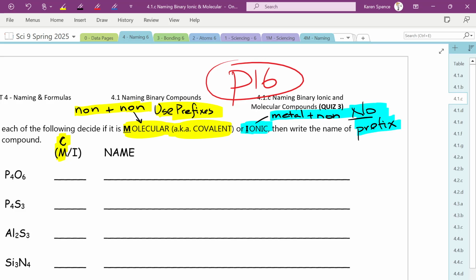And then we have four fluorides. These are non-metals.